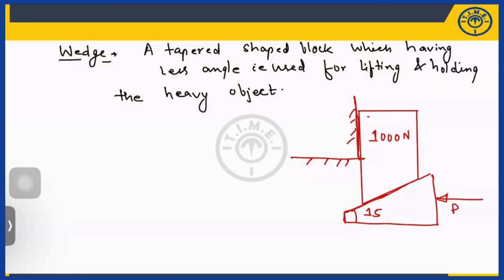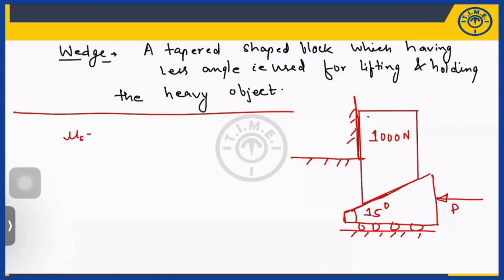That is the question. So let us suppose this is the wedge having a 15-degree angle, which is resting over this surface. Now, the coefficient of static friction I am giving you is 0.2, and this is the block, and this is the wedge, with a coefficient of friction given as mu equal to 0.2.